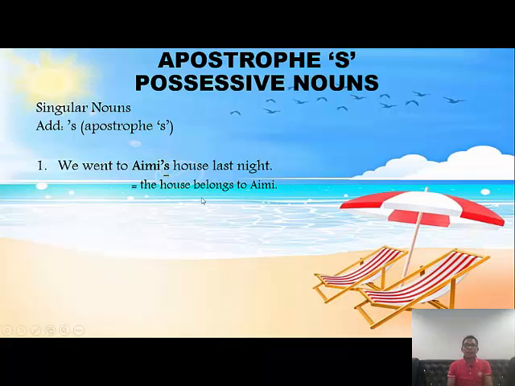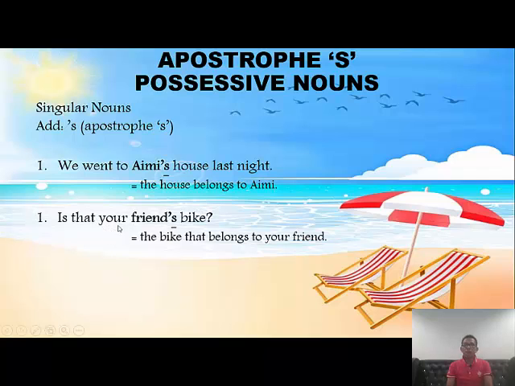And number two, is that your friend's bike? The bike that belongs to your friend, and friend here is singular. Do not get confused: without apostrophe s, that can be plural, but this one with apostrophe s is not plural, it is singular, but possessive nouns. Now remember that.